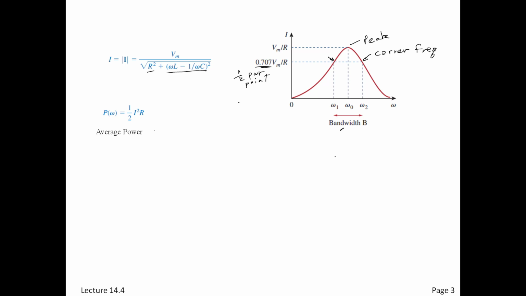All right, so here's the power. Let's talk about that. This is the average power in the resonance circuit, 1/2 I squared R. We know this from many previous applications. The peak power is just 1/2 Vm squared over R. RMS here we're talking about.